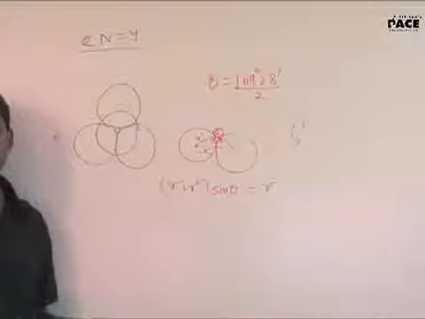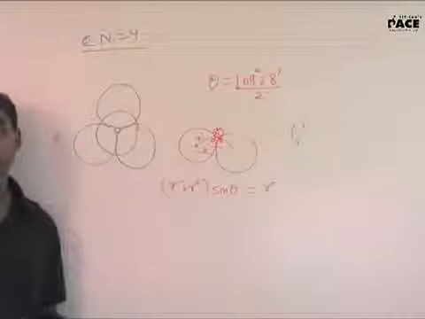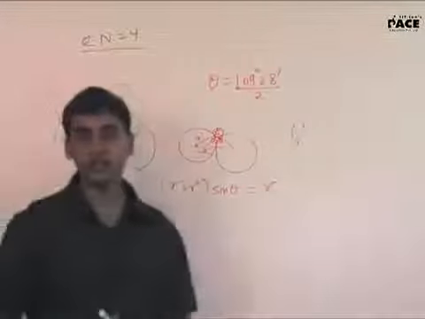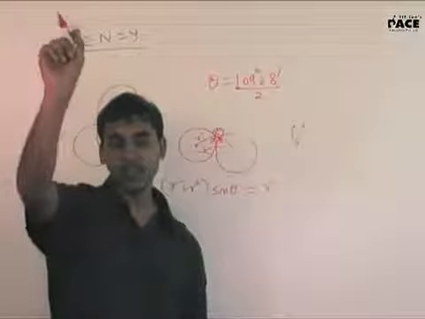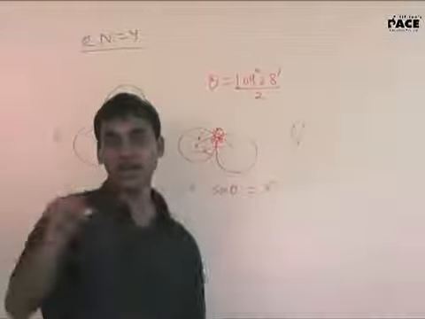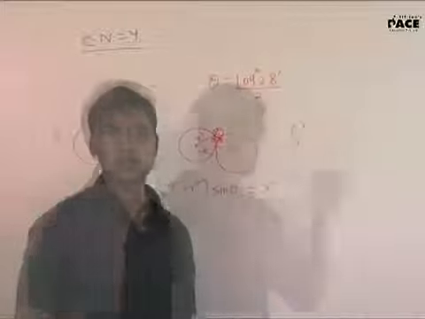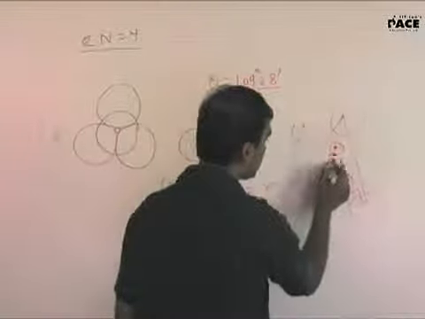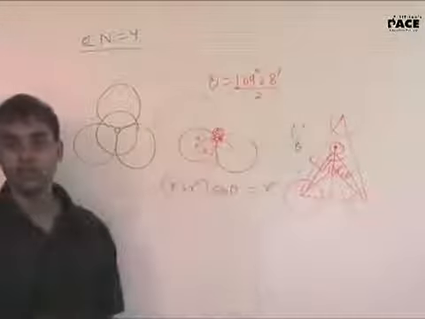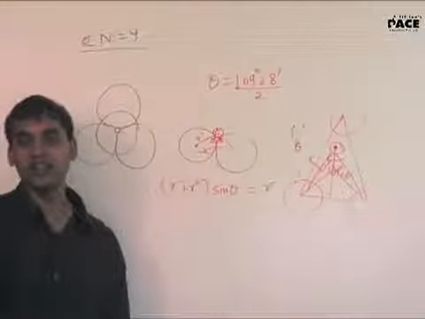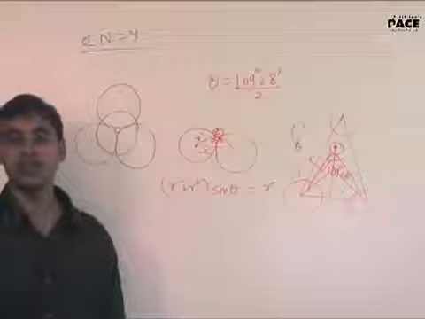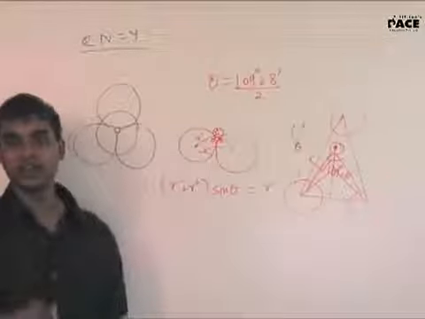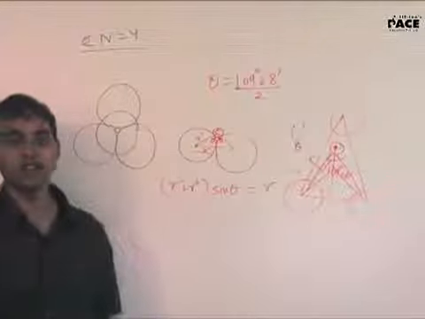See, this is the center, and the vertices of that will be the anions. If you take the center of the tetrahedron, which is where the cation is, and join it to the other vertices, the angle will be 109 degrees 28 minutes.